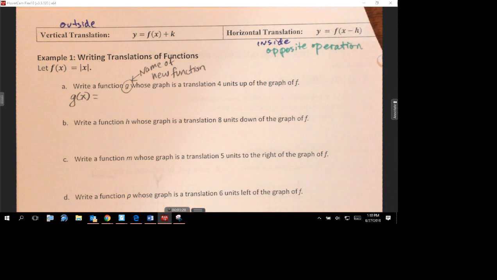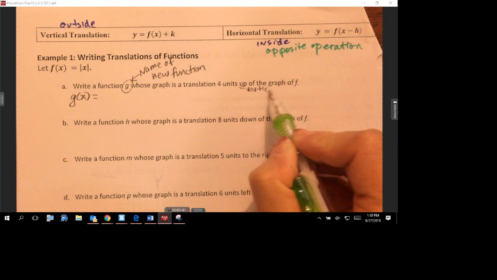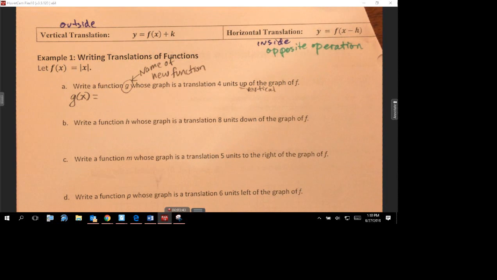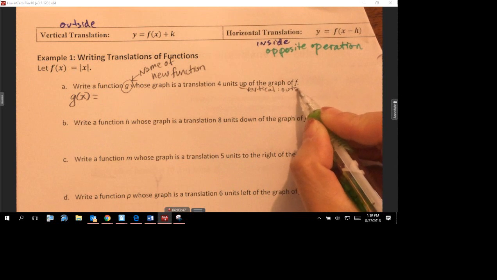That's the name of my new function, g of x. So write a function g whose graph is a translation 4 units up of the graph of f. So up is vertical. So if it's a vertical translation, that means outside the function.